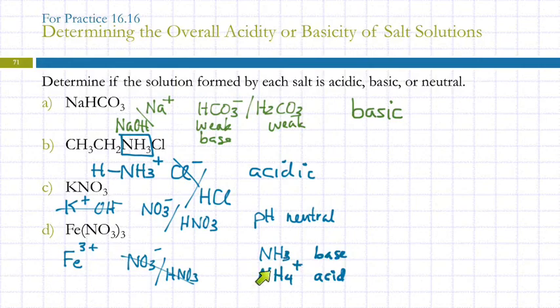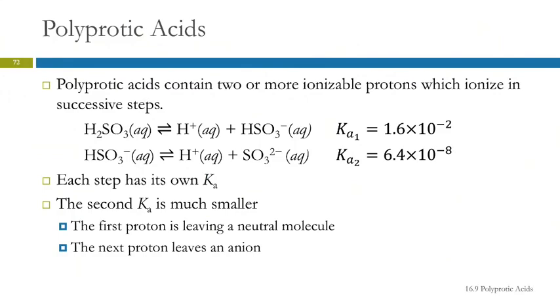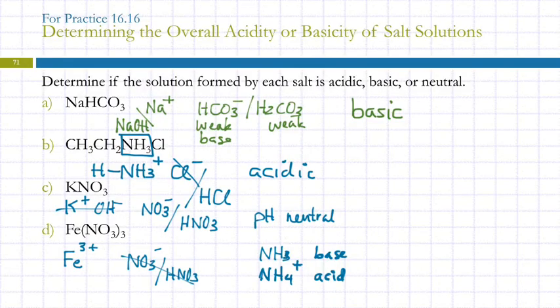So the cation is the acid. Cations can only act as acids, they can't act as bases. So when we're looking at this, I can remember, okay, iron 3+ and aluminum 3+, they do something. But then I have a hard time remembering what they do. They do what other cations do. They can act as acids. Oh, I didn't finish it, did I? Yes, so this will be acidic.